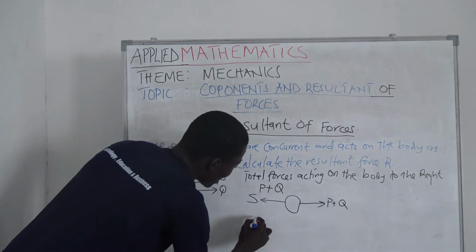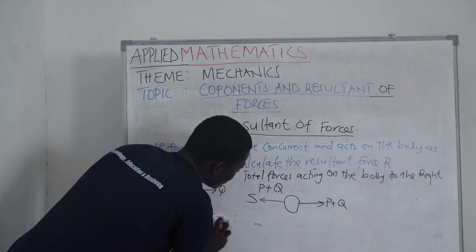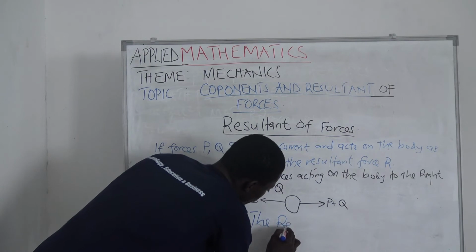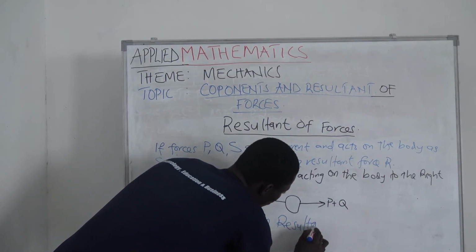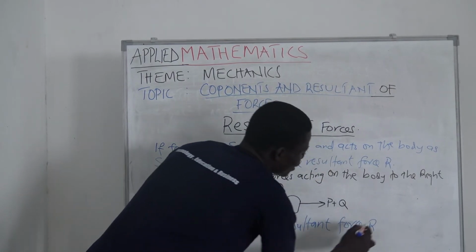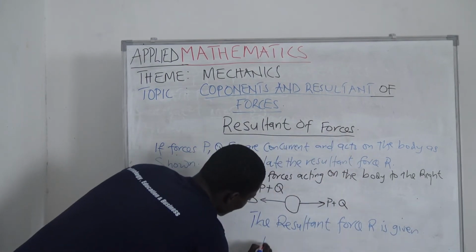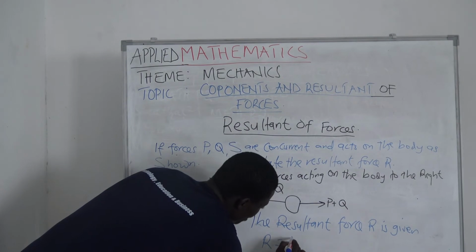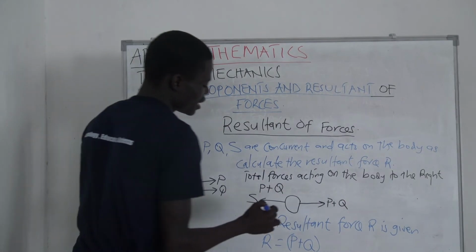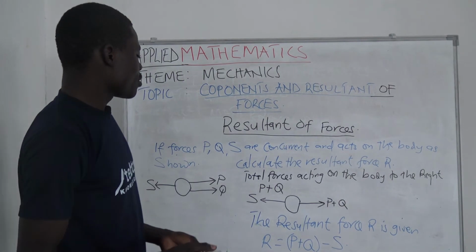So the resultant force R is given by R equals P plus Q, in brackets, minus S. That's how we calculate the resultant force.